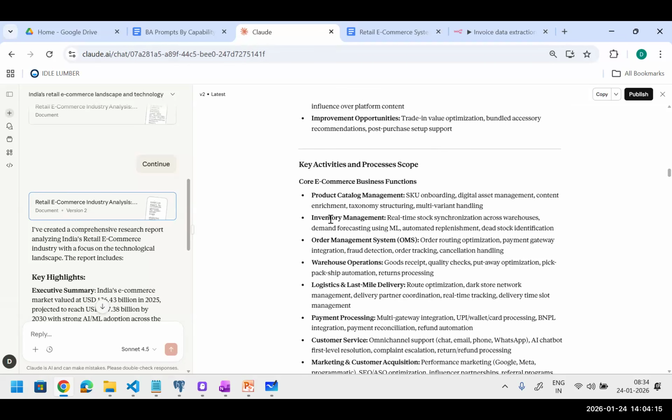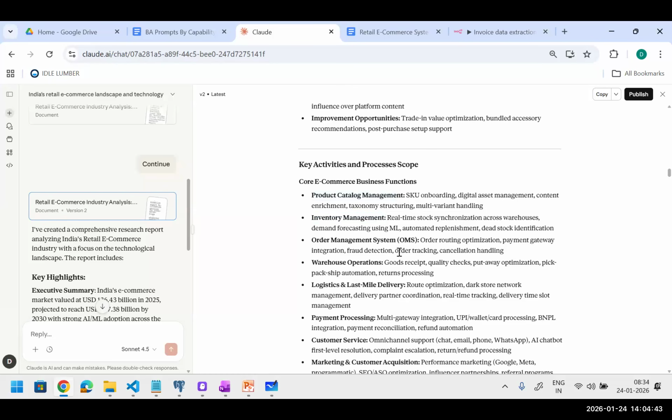See, order management, inventory management. That's what I talk about. Maybe if you give the same prompt for healthcare, this might be different. The key activities in a healthcare business are going to be different, because in healthcare there may not be a product catalog. Services will be there. There may not be inventory management.